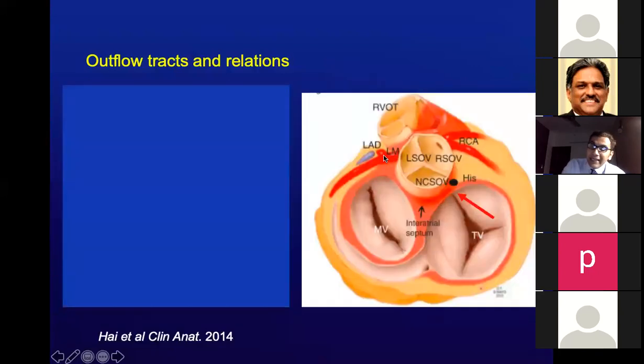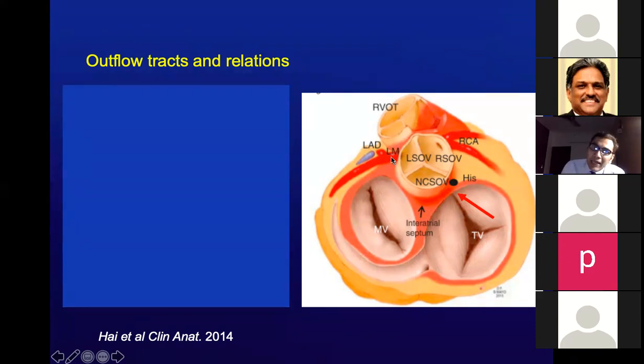But we did guess that, right? We did see this anatomy where the posterior wall of the RVOT is in close conjunction to the left main. So anything you do here, whether you have an anomaly, a pulmonary valve that is stenotic, you have pulmonary regurgitation, you have tetralogy of Fallot, there is always going to be pressure on the left main if the posterior part of the RVOT is actually impinged upon.